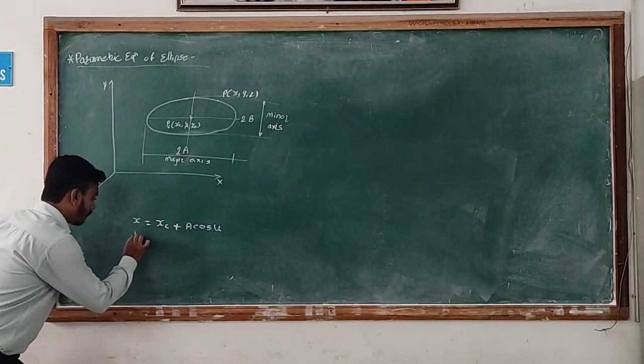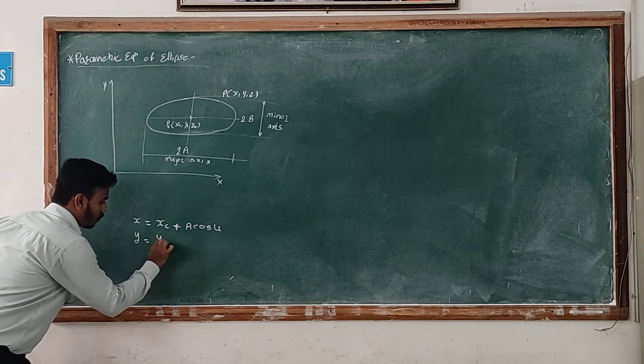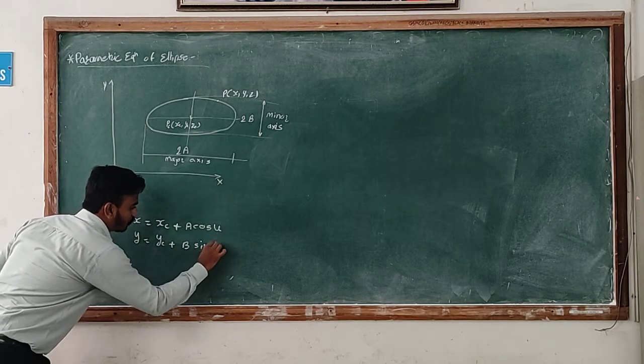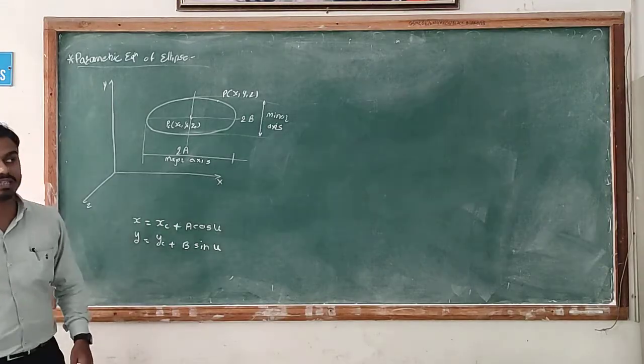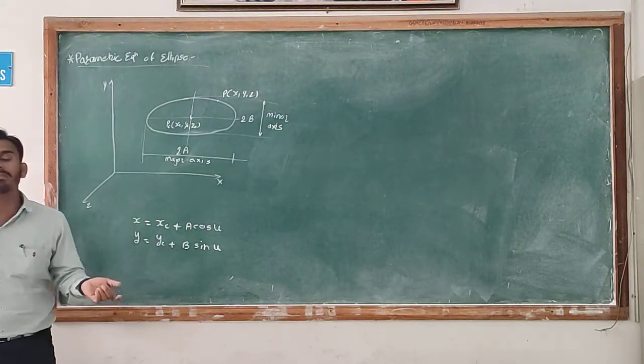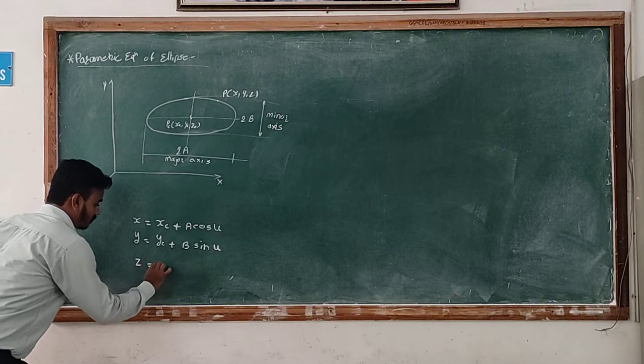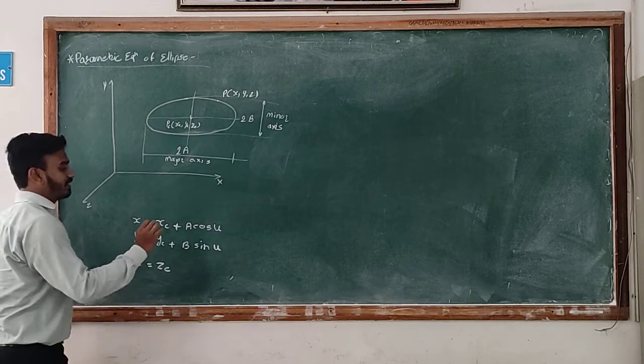and y is equal to yc plus b into sin of u, where b is the semi-minor axis of the ellipse, and z is equal to zc.